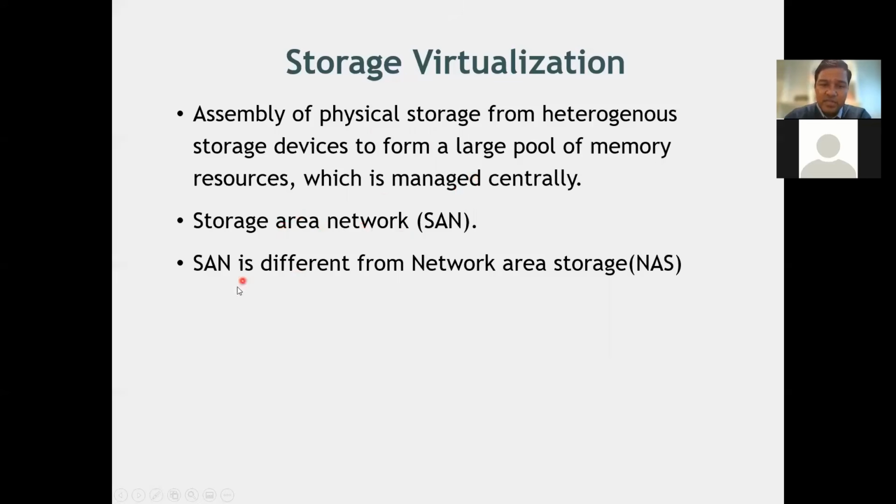So SAN is basically different from network attached storage. When we virtualize the storage, it is known as a storage area network, and it can be managed centrally. If someone has some storage requirement, then this centrally managed network can provide the storage.